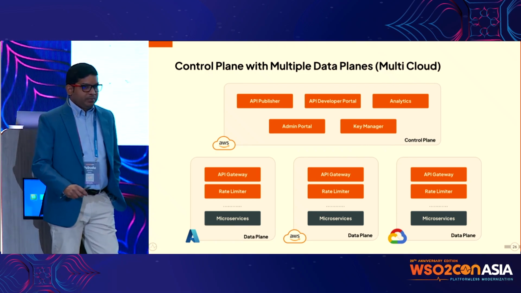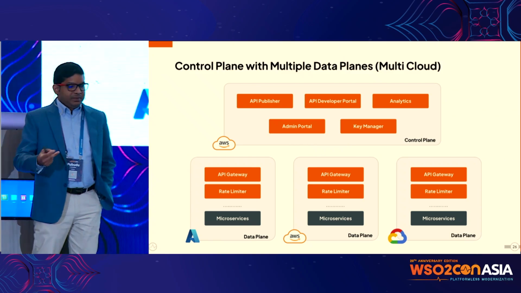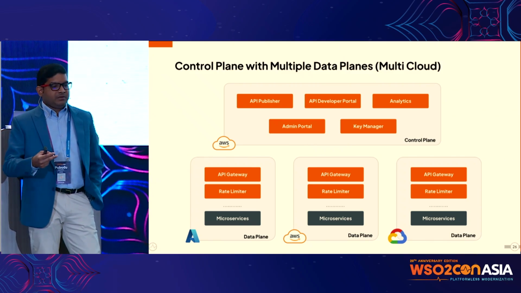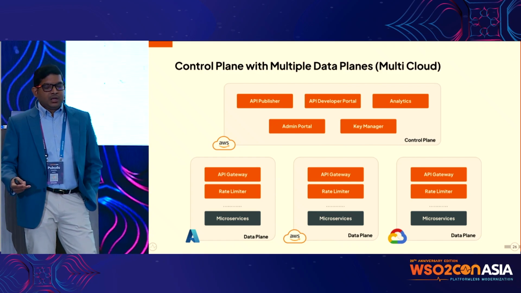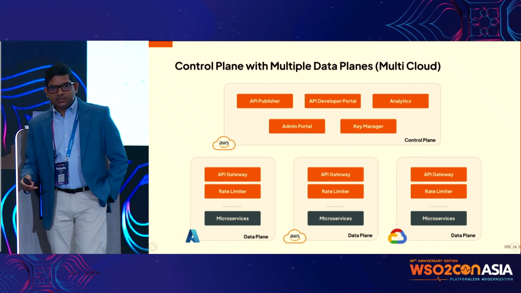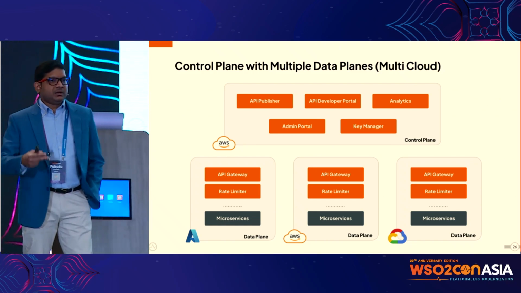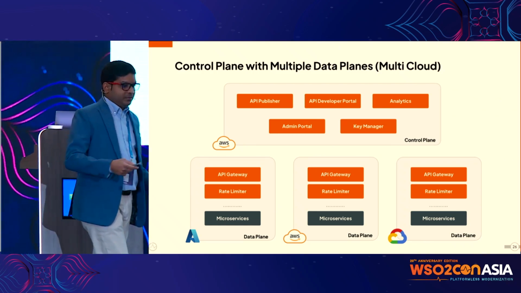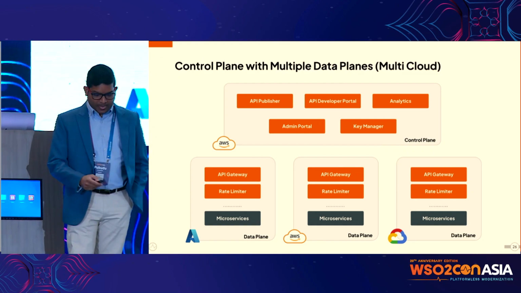The main idea here is that without the control plane, the gateway can still function. If you want to create new subscriptions you can't do that, but you can still serve the API requests in this pattern.